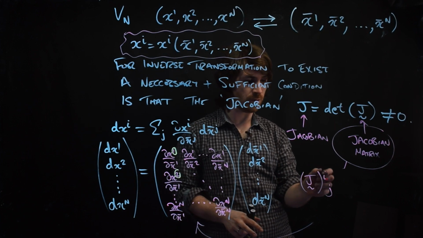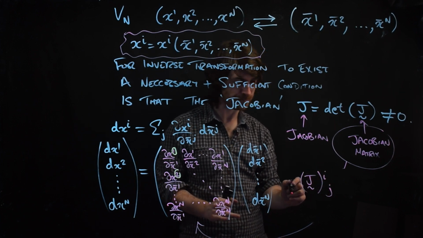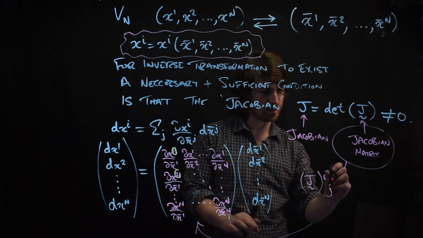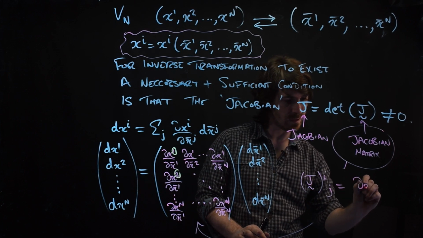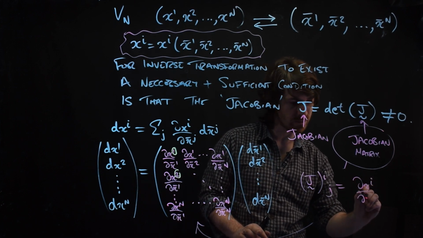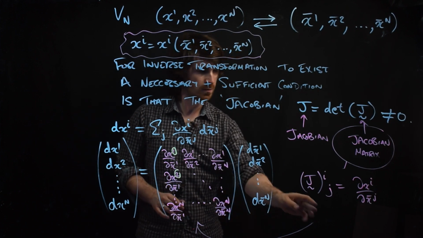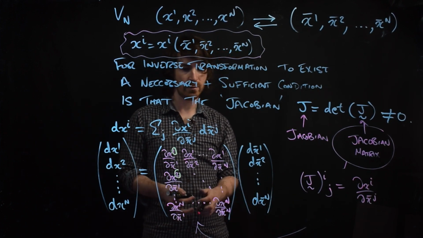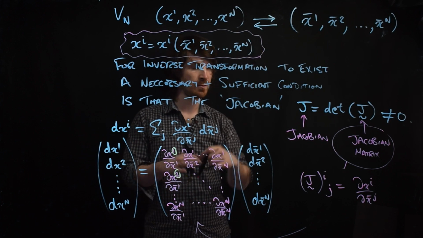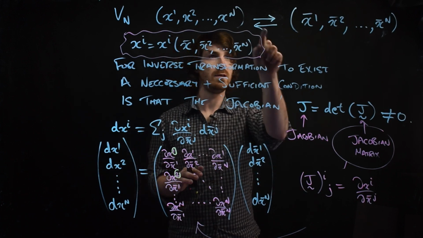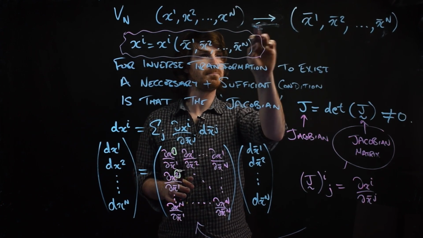Okay, note we have one superscript and one subscript. So each element is just dxi by dx bar j. Okay, if we think about the forward transformation, so this is the inverse transformation that we've thought about.